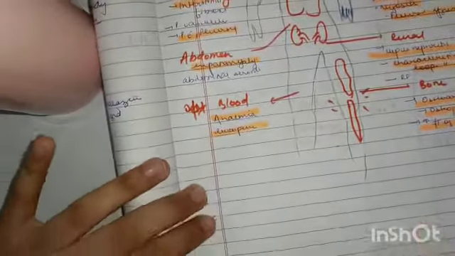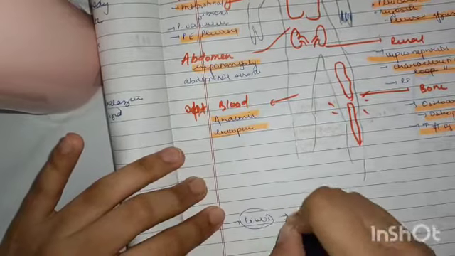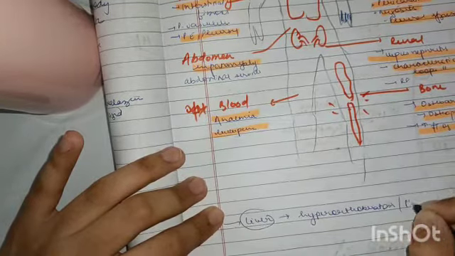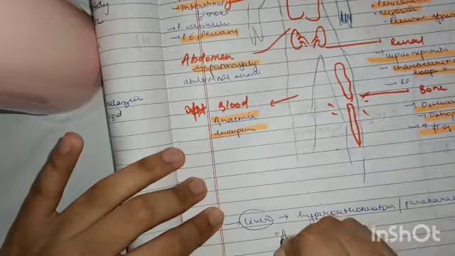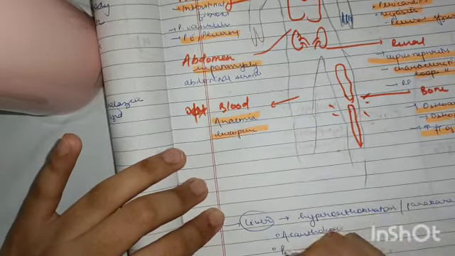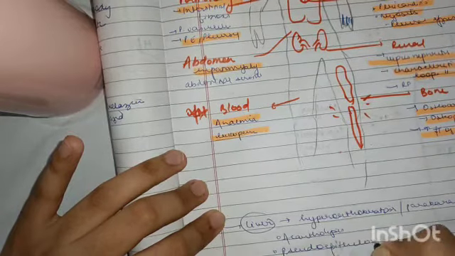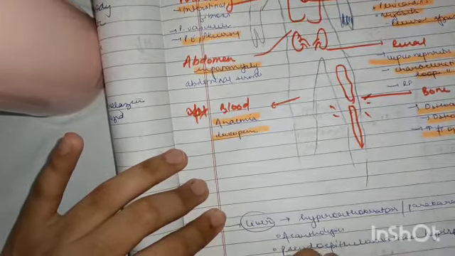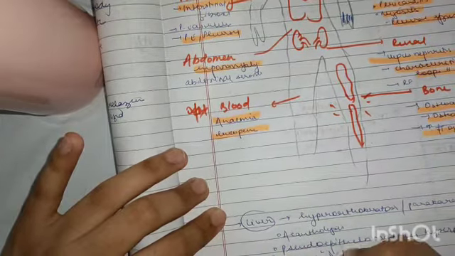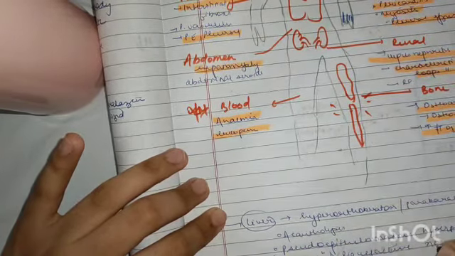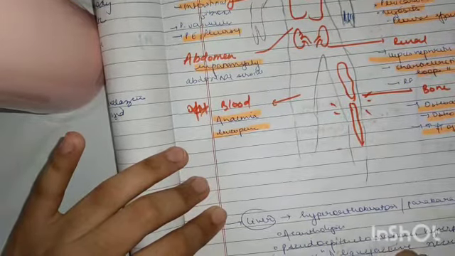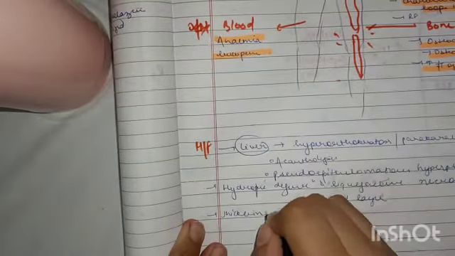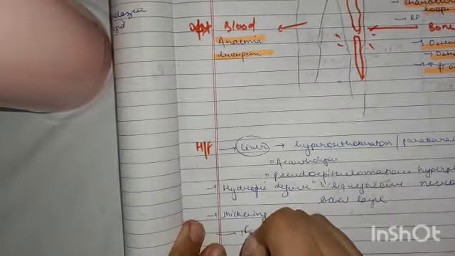Now coming on to the histopathology. In histopathology, what you will see is, in the epithelium, there is going to be hyperorthokeratosis or parakeratosis, acantholysis, then pseudoepitheliomatous hyperplasia, then hydropic degeneration and liquefactive necrosis of basal layer, then thickening of basement membrane, inflammatory cell infiltrate.